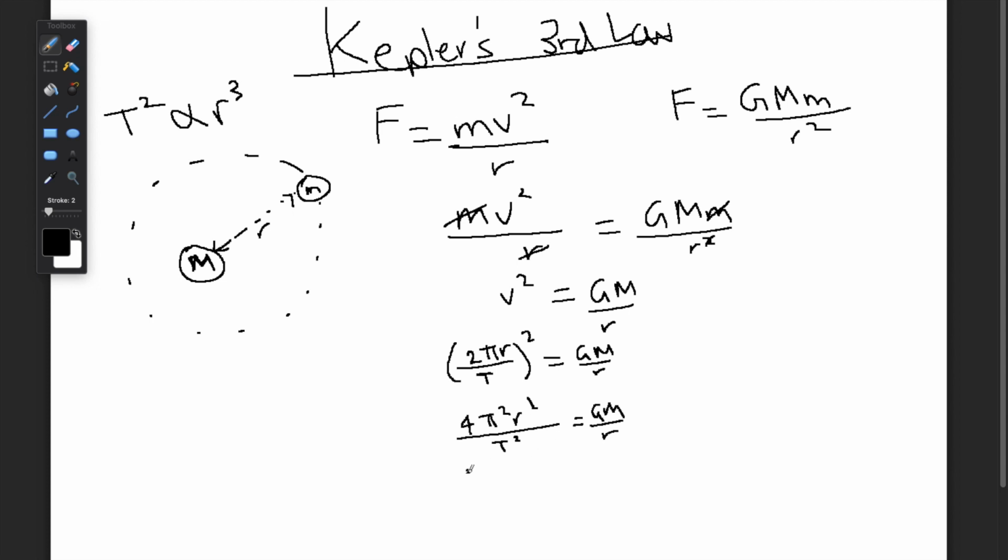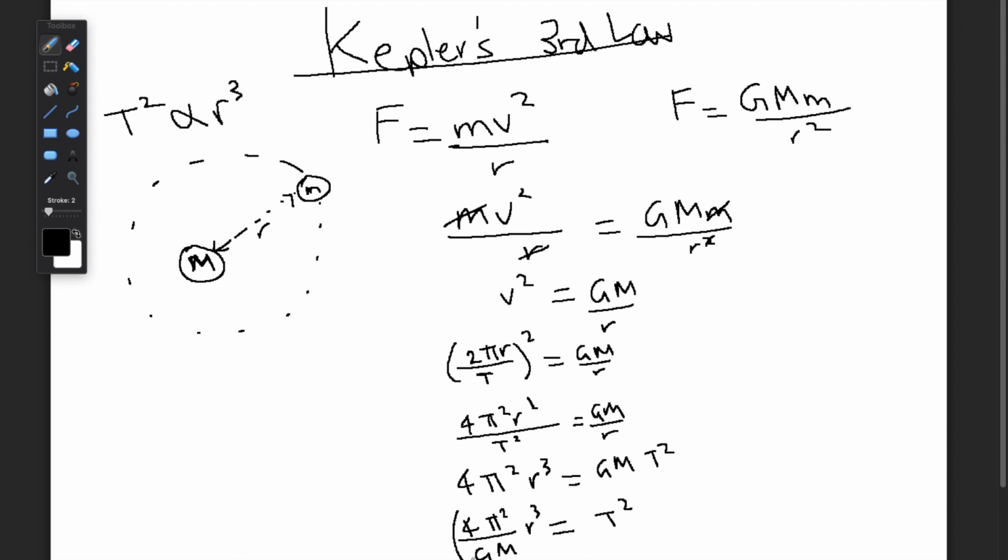So we'll have 4 pi squared r cubed is equal to GM T squared. And now we're going to divide by GM. So we'll have 4 pi squared over GM multiplied by r cubed is equal to T squared.